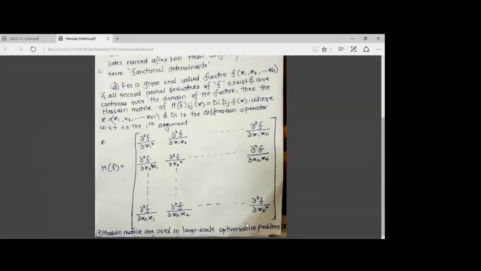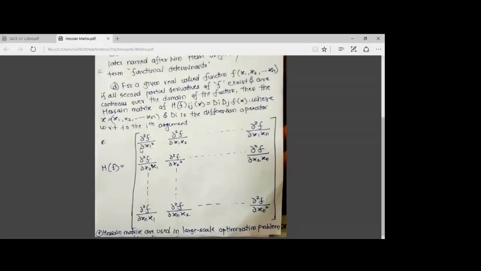Now let's say that I am having different variables, say x1, x2, x3, x4 till xn, right? Here the first value will be written as del square f upon del x1 square, right? The next value along it in the horizontal manner will be written as del square f, del x1, x2.